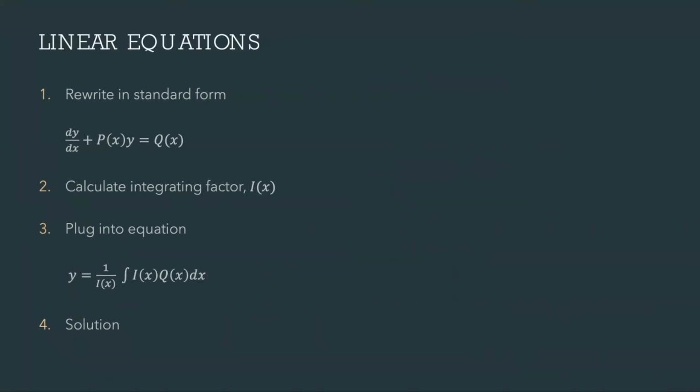All right, we're gonna do another example with linear equations. So for this example, I've chosen dy over dx plus 3y over x plus 2 is equal to 3x. Following the steps that I have listed, we first have to rewrite in standard form.